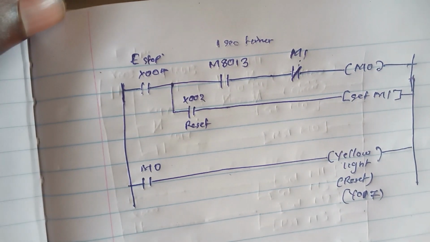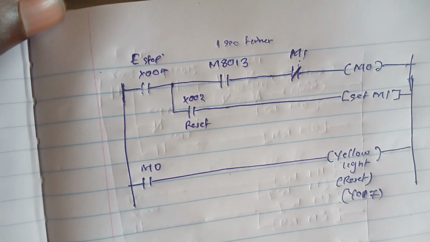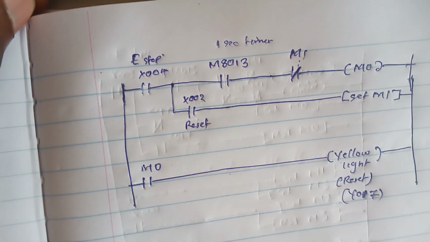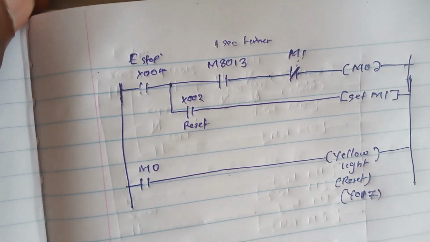We can now move on to the green light or the start button, before adding the condition or the processes in which the yellow light or the reset button will give an output.